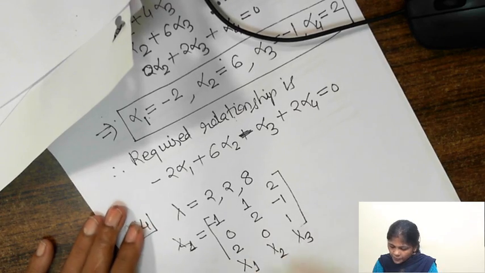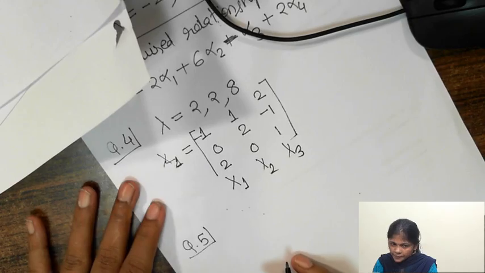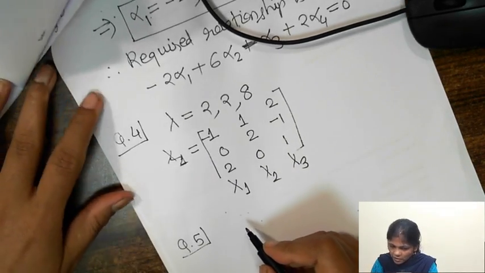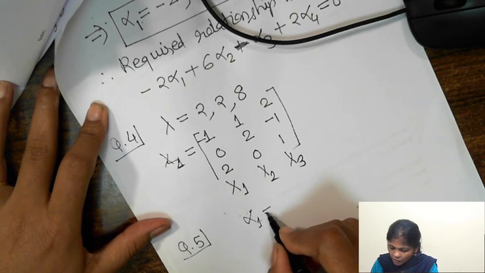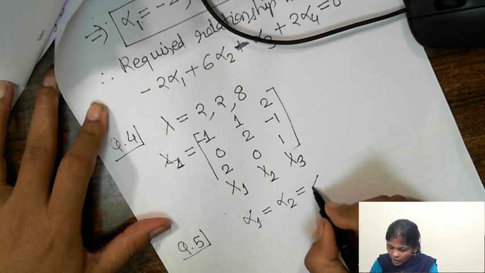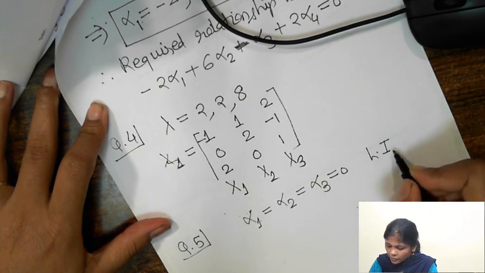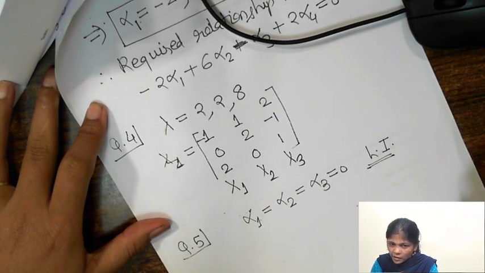In the same way, if you solve the 5th example, you will find all alpha 0. We have 3 eigenvectors, x1, x2, x3. There you will find alpha 1, alpha 2 and alpha 3 all 0. And when all alpha are 0, the vectors are linearly independent.